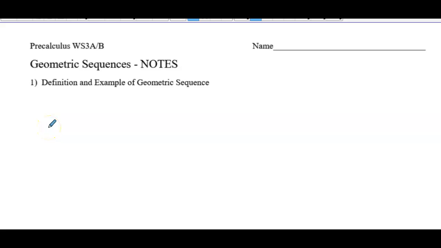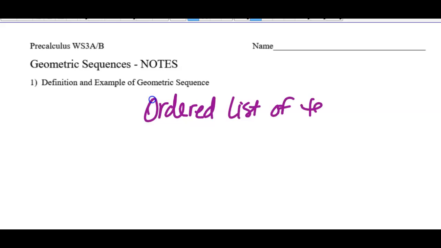Alright guys, we're going to talk about a separate kind of sequence today. We're going to talk about geometric sequences, which simply means an ordered list of terms, or an ordered list of numbers, which have a common ratio.